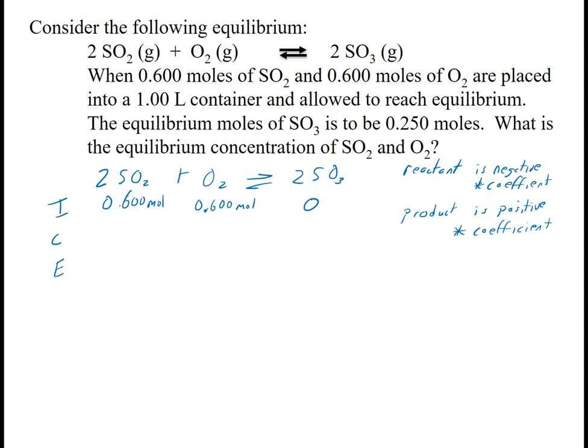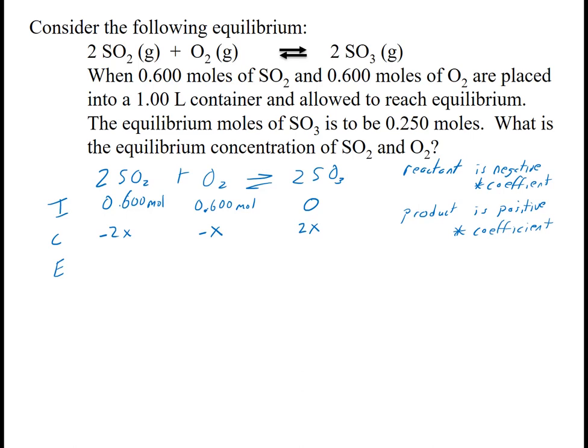So this being a reactant, it's negative, and then the coefficient is 2, and then I put X. So there has to be an X for each one of these. This one is still a reactant, so it's negative. The coefficient there is assumed to be 1, so we don't write anything, X. And this one being a product is going to be positive, and so it's 2 and then X.